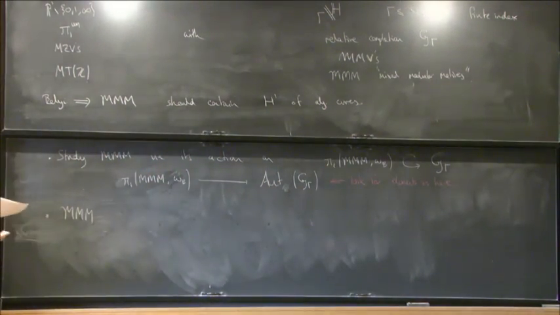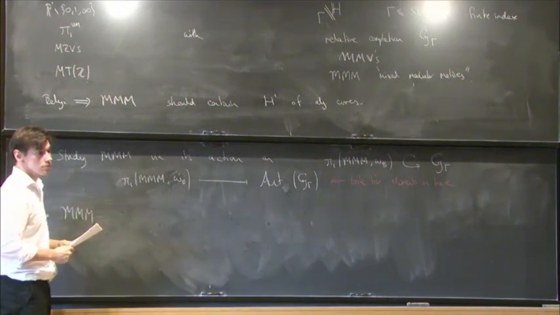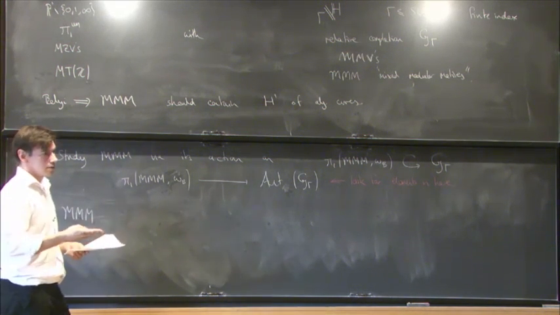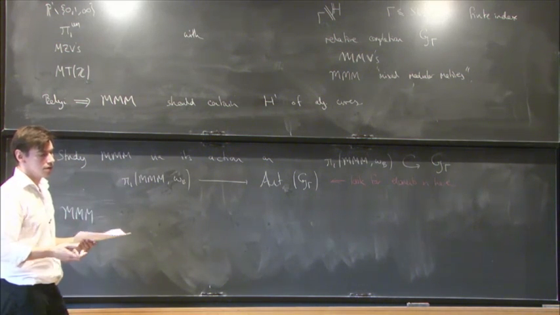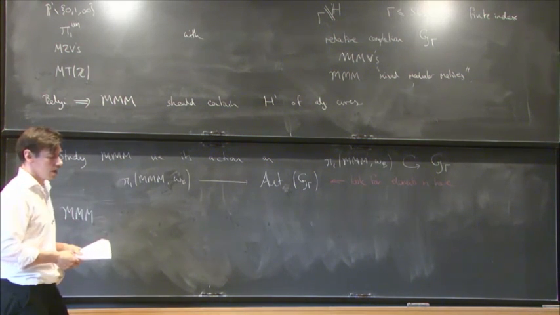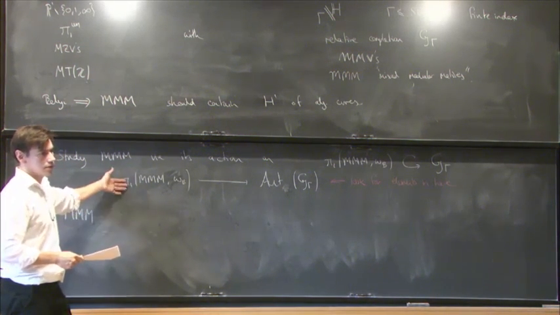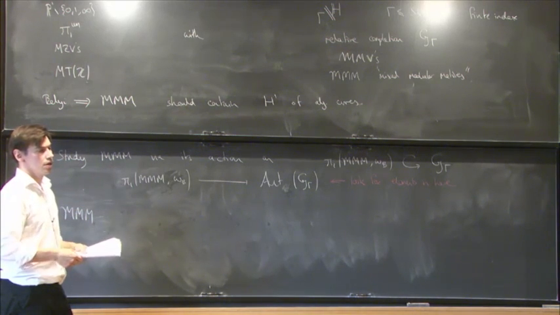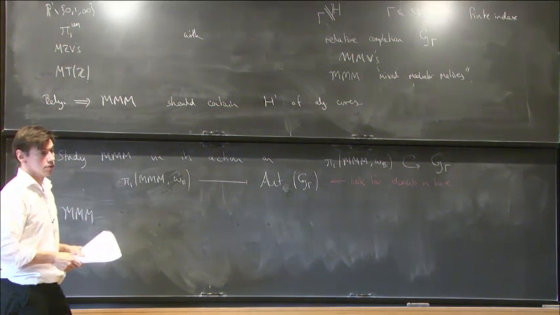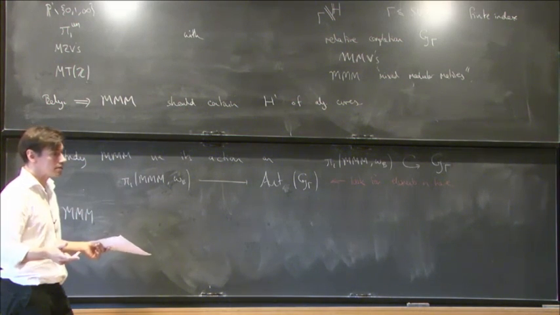So the question is, do mixed motives of a certain type come from modular forms? Well, you have the Beilinson conjectures, and you know that the generators of the abelianization of the Lie algebra of this should correspond to L values of modular forms and possibly Rankin-Selberg convolutions.